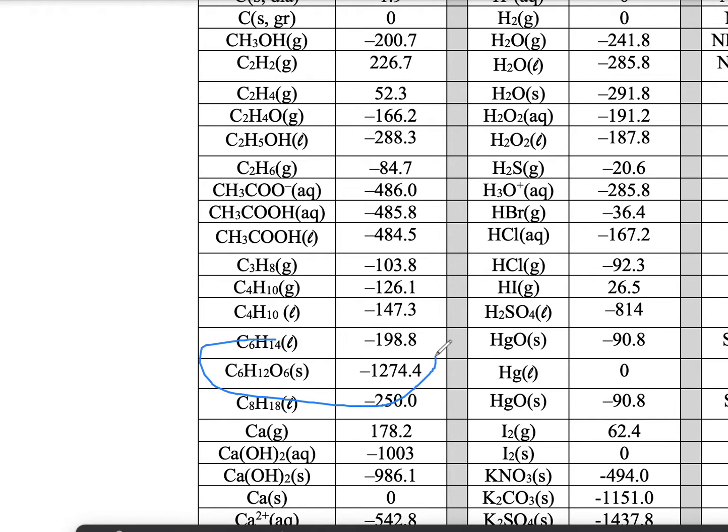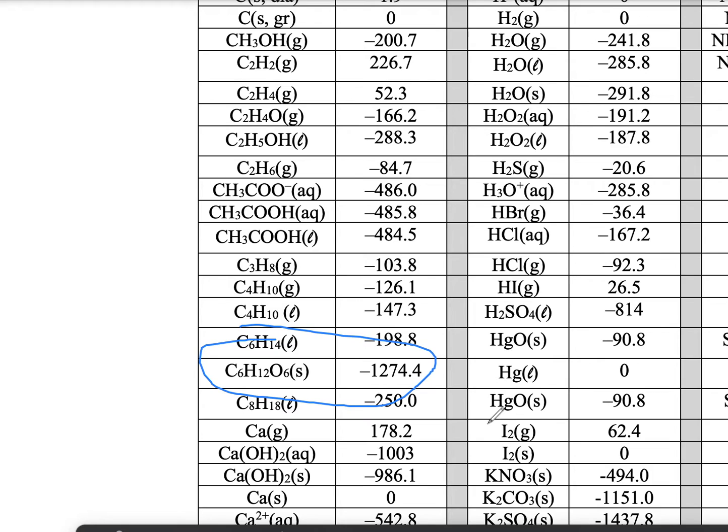So this number right here. So what do I use someplace else? Negative 1263 in the lecture video. Okay. So I apologize for that. These numbers are supposed to be the same wherever I use them.